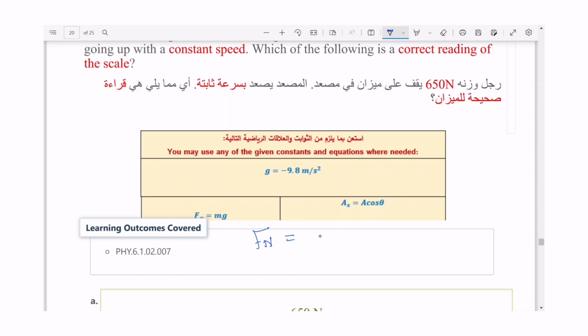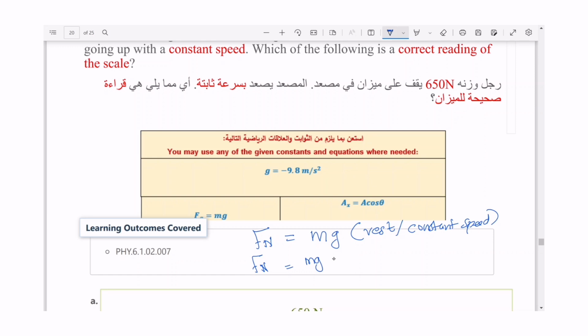So we have three different situations. Number one: if the elevator is at rest or moving at a constant speed, then the scale reading will be equal to your weight, mg. The second situation is the elevator accelerating up.